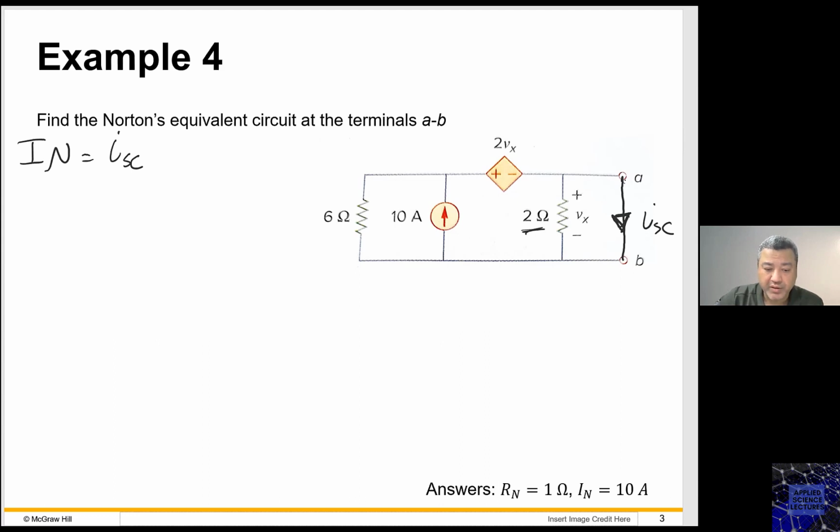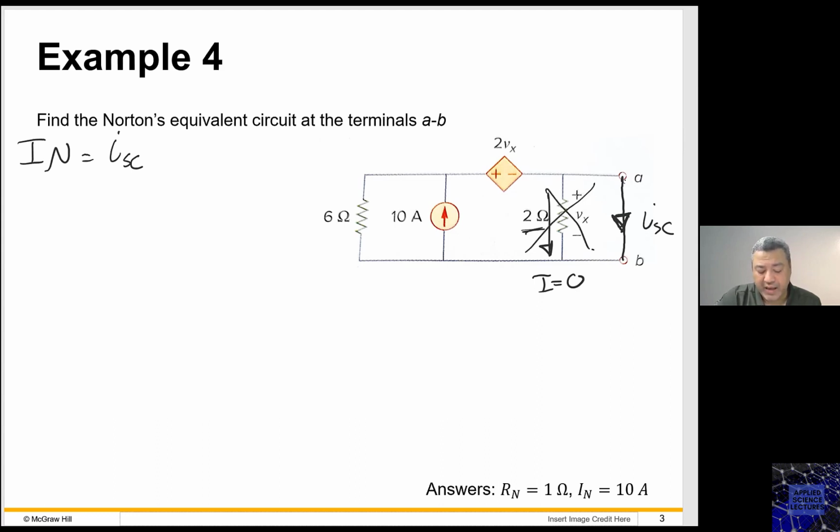That's correct. It will go out of the game, which means there would be no current going into this branch. So in this branch here, I would get zero current, right? And that's why it will be removed from my circuit.